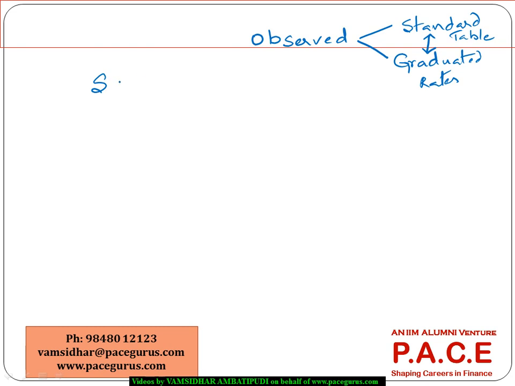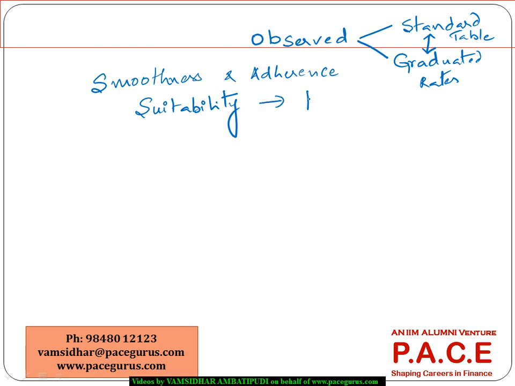Whenever we are doing any graduation, we all know that it's a trade-off between smoothness and adherence to the reality. But at the same time, we are also talking about the suitability for a purpose. The main purpose is determining the insurance premiums, where I require smooth rates so that the premiums can be kept gradually increasing with age.